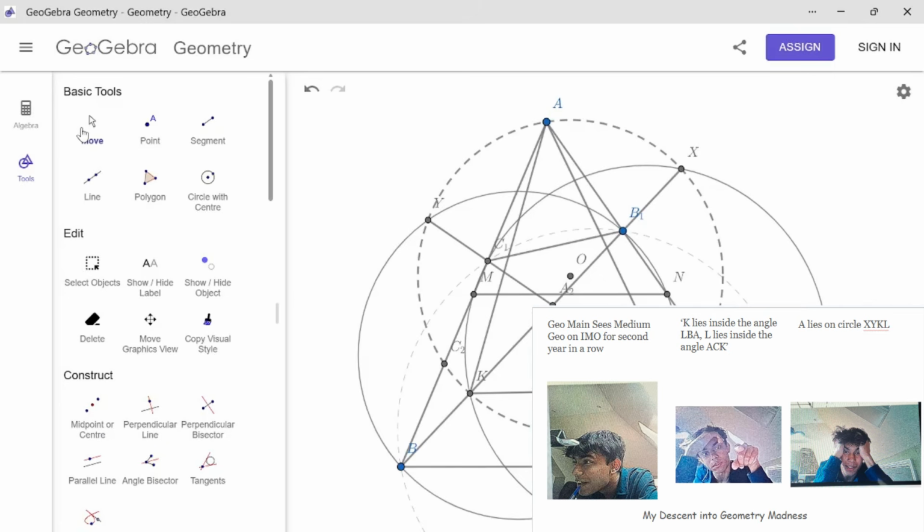We got that fact from the fact that C2AKX is cyclic and KMC1X is cyclic. So we just need to prove that X and Y are on circle AKX. We don't need B2s. We don't need C2. We don't need O. We don't need any of this stuff. We just need to show that X and Y are on circle AKL and we're done.